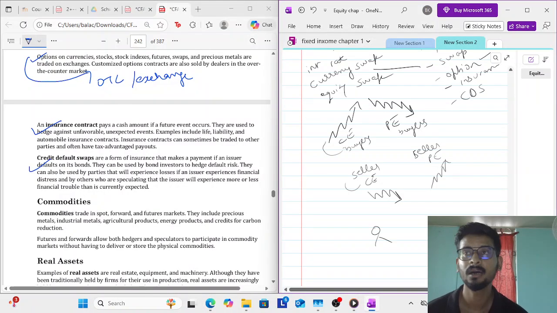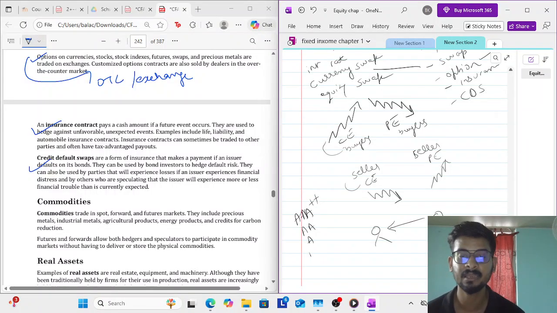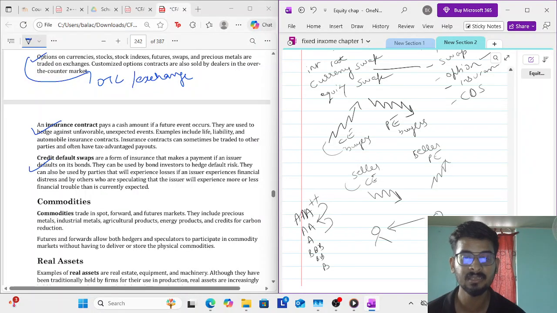So he went into an agreement: I will give you a fixed premium. Now the housing market at that time in 2007 was rated AAA plus. Now he said there is double A, there is A, triple B, double B, B, right? So he said that as soon as the housing market rating downgrades, you have to pay me back the amount as prescribed.